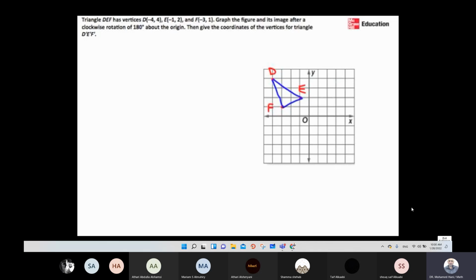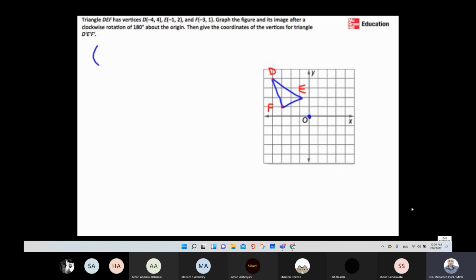Now it says that we're going to do a 180 degrees rotation clockwise. Now, if we are going to rotate about the origin, so our center of rotation is going to be the origin, 180 degrees can go either direction, either counterclockwise or clockwise. They'll end up in the same position.